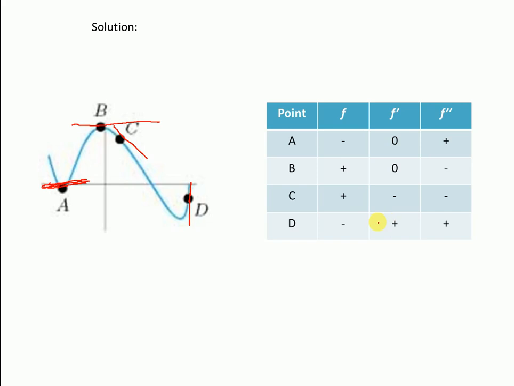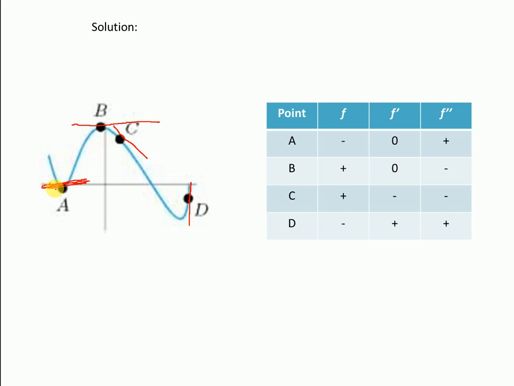Alright, so the last thing is the second derivative. To consider whether it is positive or negative, remember, f double prime, the second derivative, when it is positive, your function is concave up, or opens up.